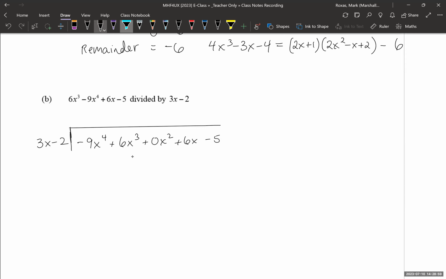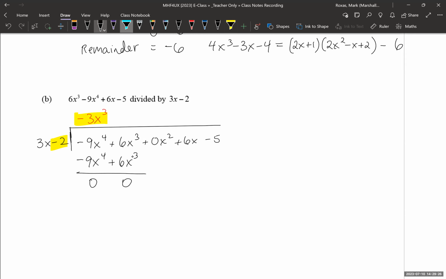All right, 3x times what gives me negative 9x to the 4? Write that down at the top for our quotient. Well, we're going to need a minus 3, and then we're going to need an x to the power of 3. Okay, that gives me minus 9x to the 4. And then minus 3x cubed times minus 2 is a positive 6, plus 6x cubed. If I subtract them, I get 0 and 0.